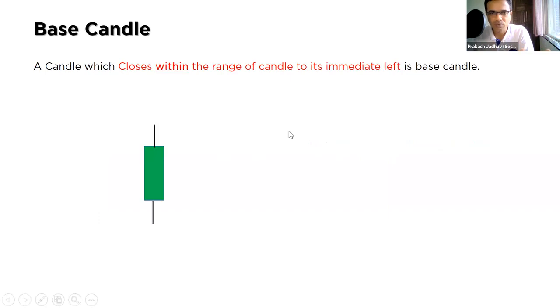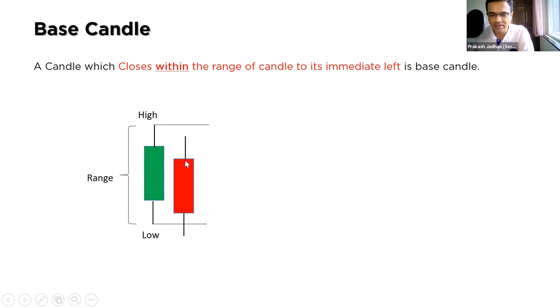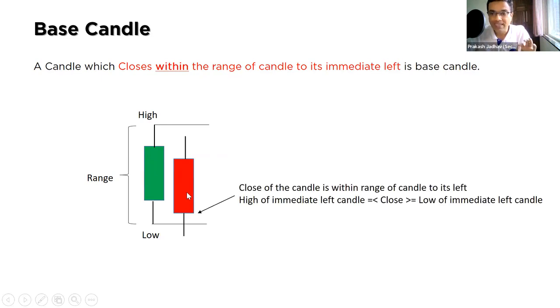Let me just show you. Say this is a candle. Its high and low is this, and the price range between high and low is the range. If this red candle in this case has closed within this range of the earlier candle, that means it closed between the high and low of the candle to its left, then this red candle is a base candle.